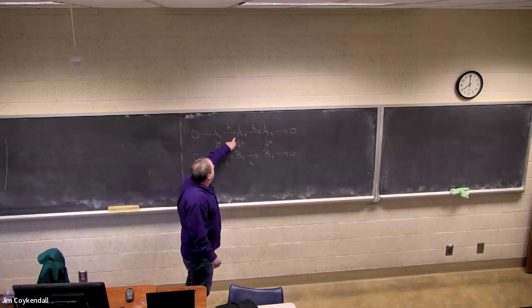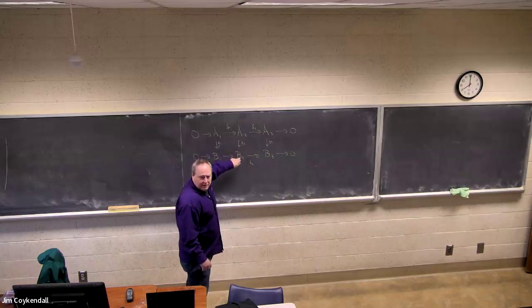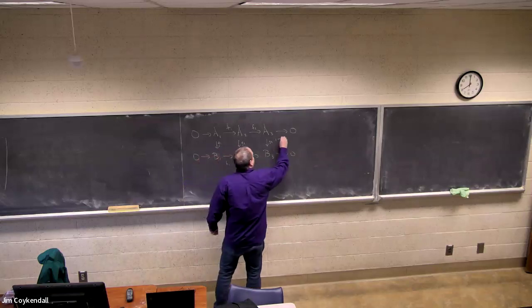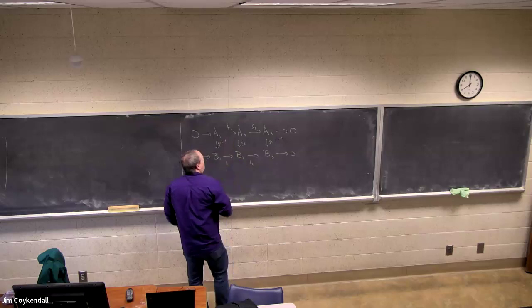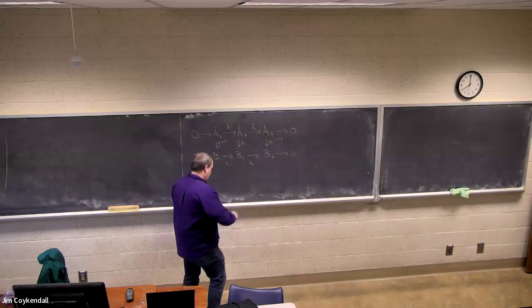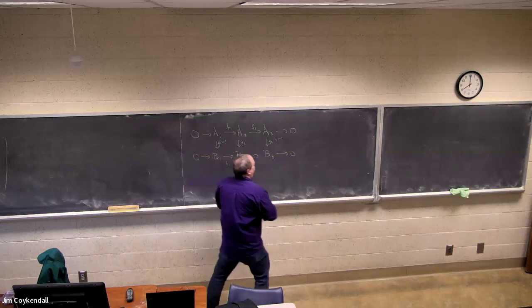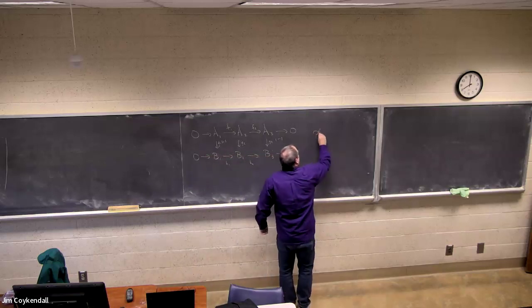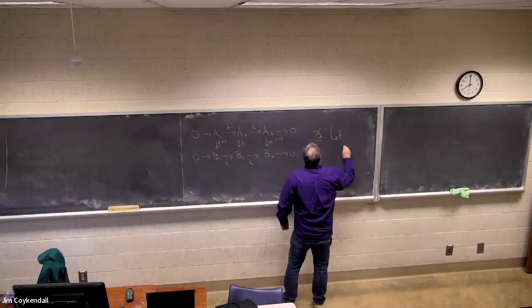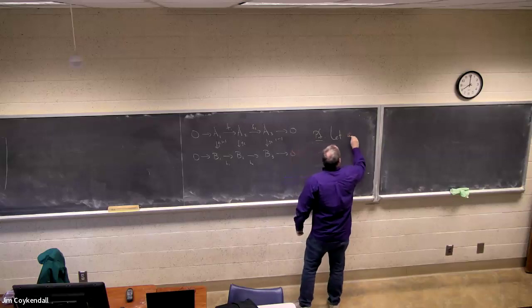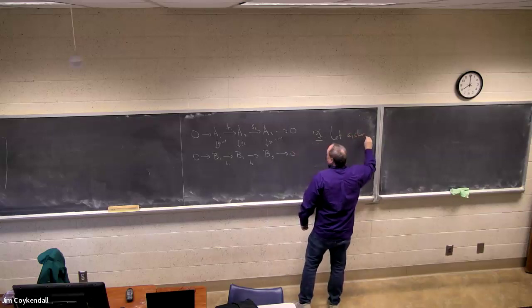We proved that if these two are onto, then this one is onto last time. So let's suppose these are 1 to 1. We want to show that this is 1 to 1. So suppose A2 is in the kernel of G2.